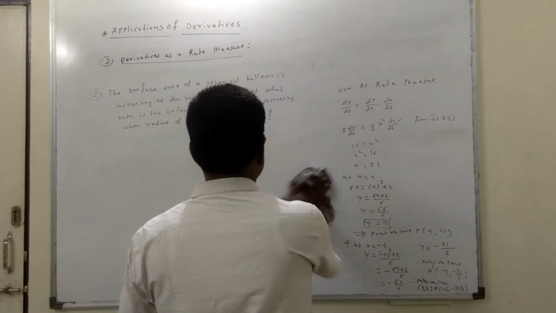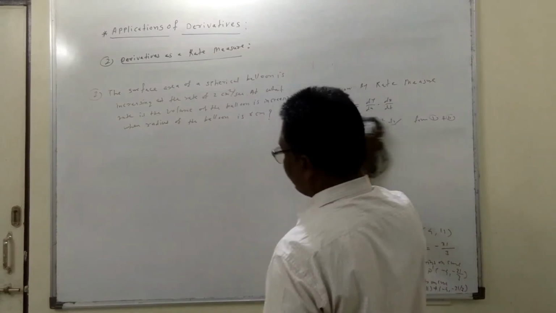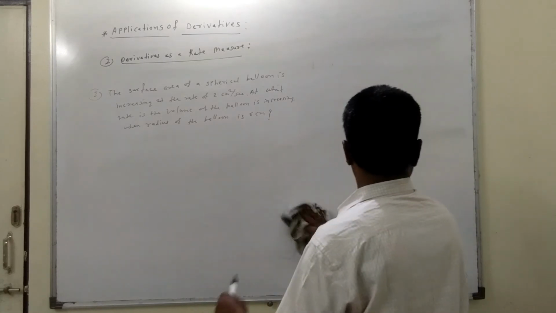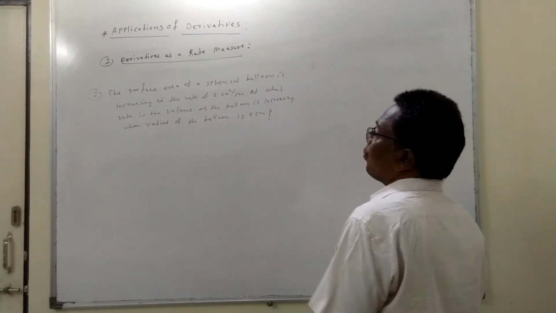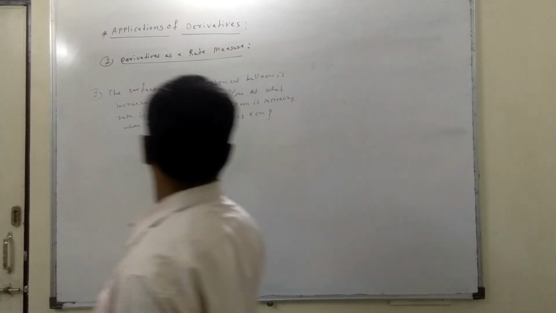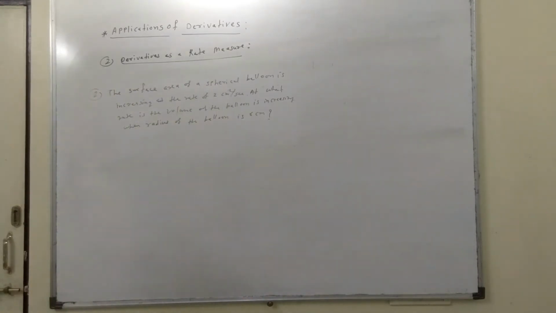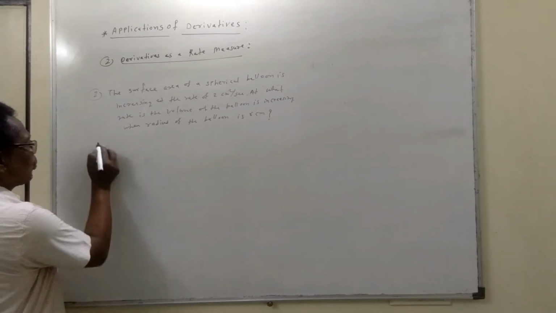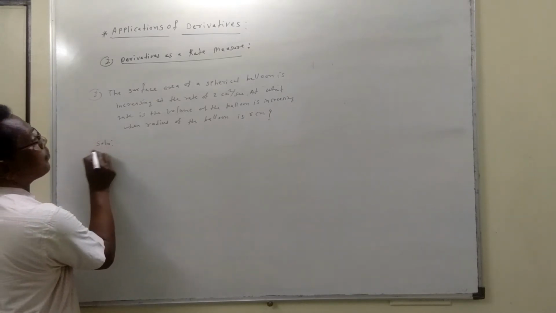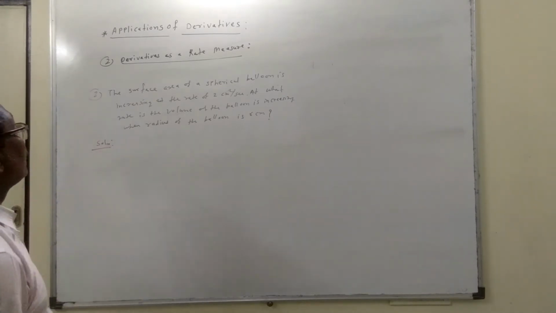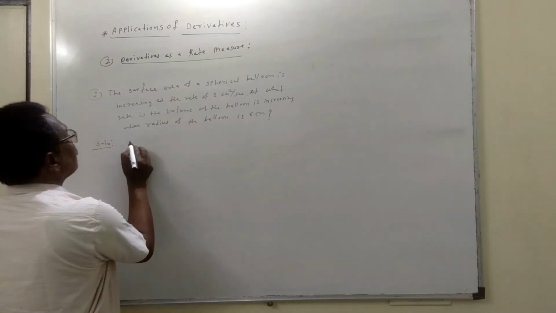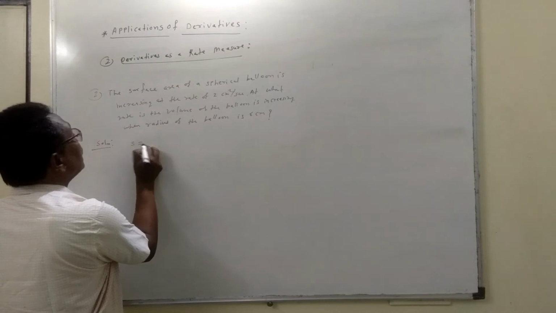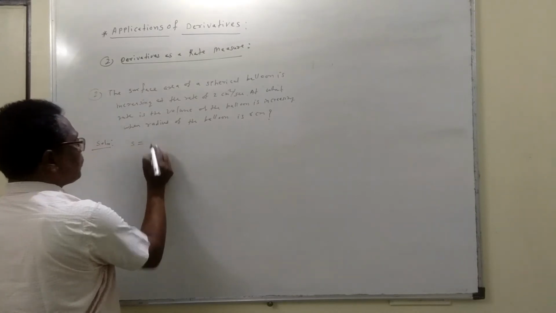The surface area of a spherical balloon is increasing at the rate of 2 centimeter square per second. At what rate is the volume of the balloon increasing when the radius of the balloon is 6 centimeter? So solution. Surface area S, you know the formula.